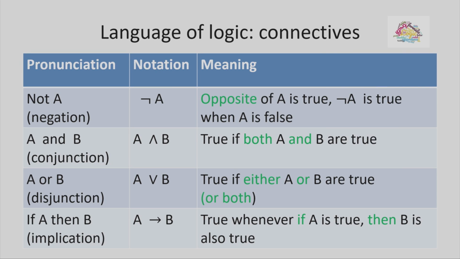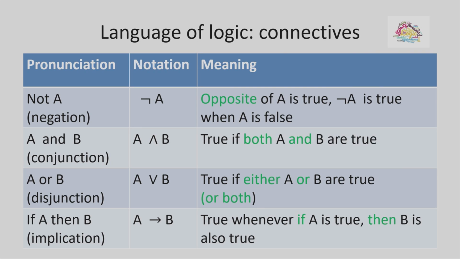When I say "It's raining and snowing," that sentence would be true if it's both raining and snowing at the same time. Similarly, there is an "or" connective, and "A or B" would be true if at least one of them is true, or both of them. We will see an example of that later on.